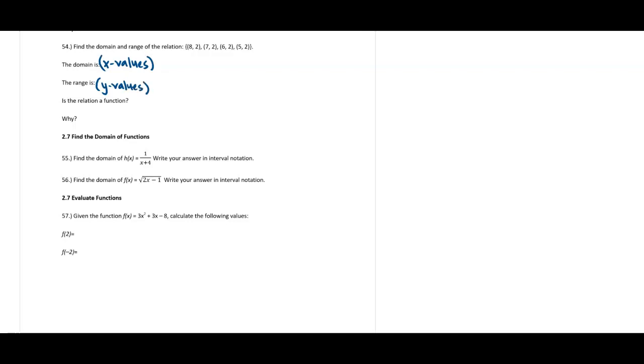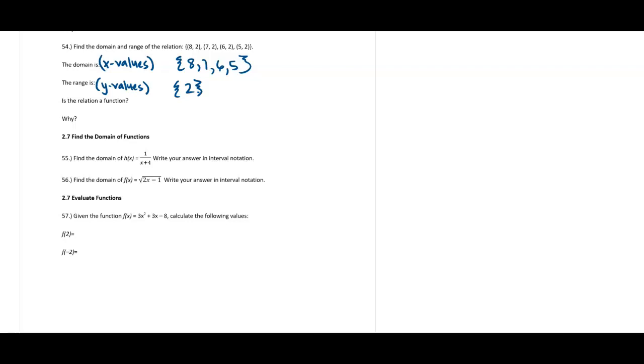And so if we're given just 4 points like this and asked to find the domain of it, we just list down what our x values are. We've got 8, 7, 6, 5. And then our y values would be all 2's, but we only have to write that down once if it's 2 all the way across.